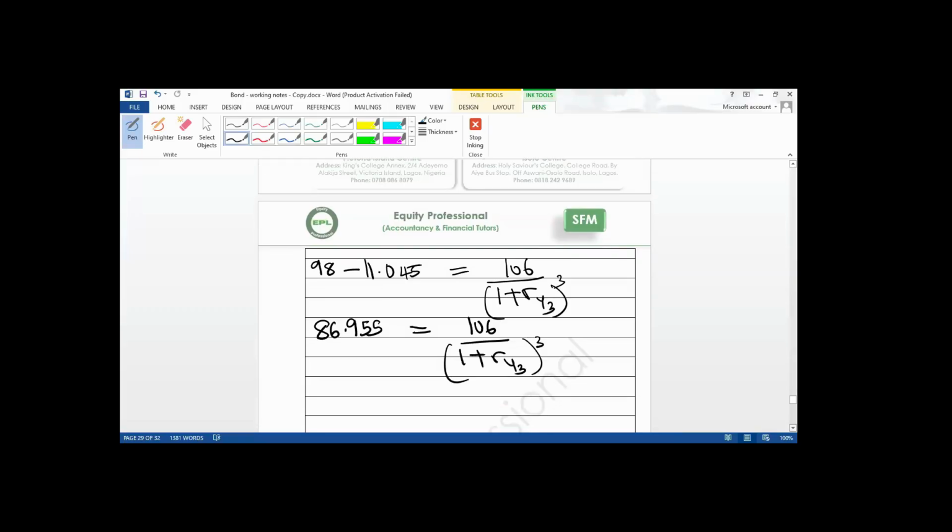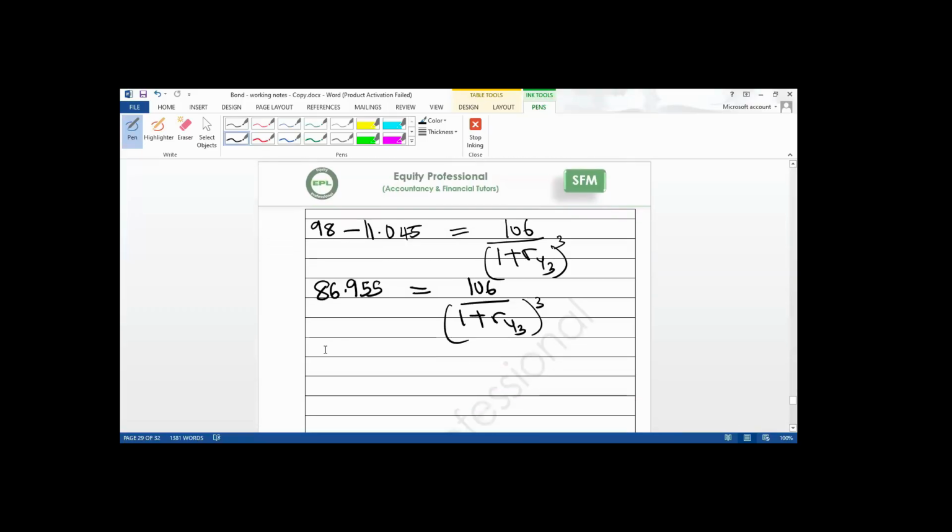Cross multiply. 86.955 bracket 1 plus R in year 3 raised to power 3 is equal to 106. Divide both sides by 86.955.